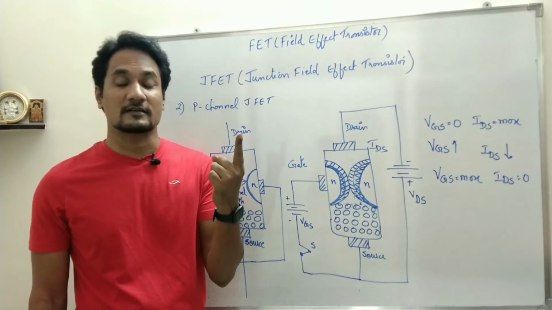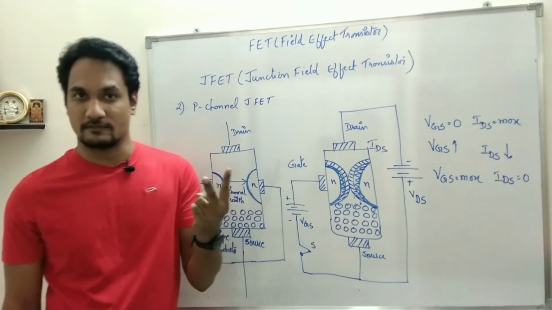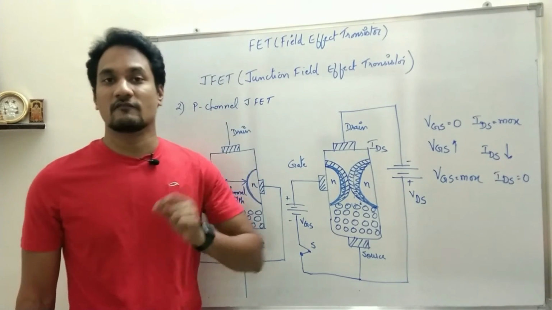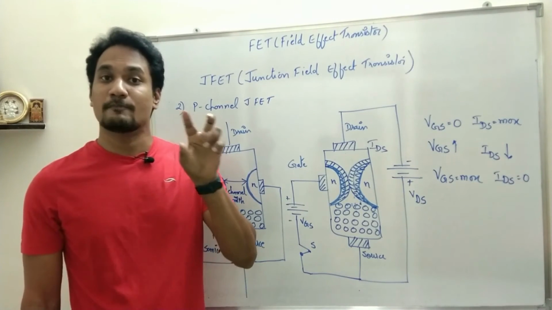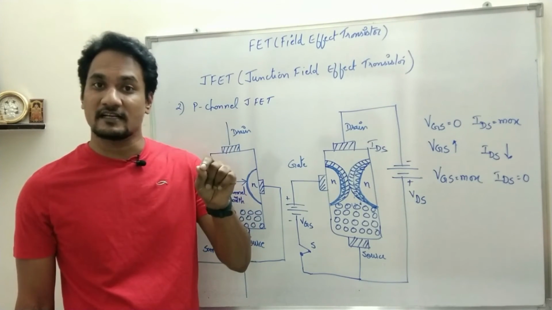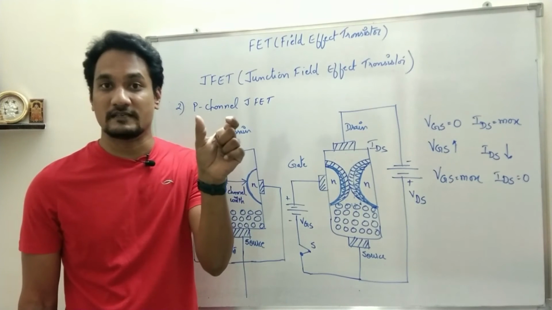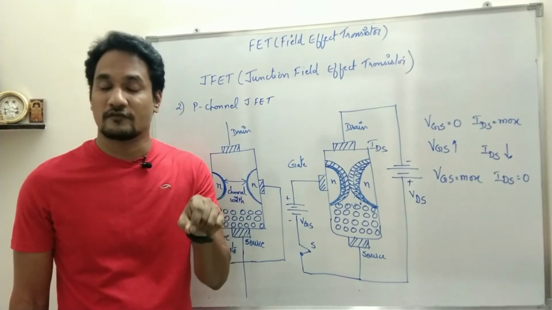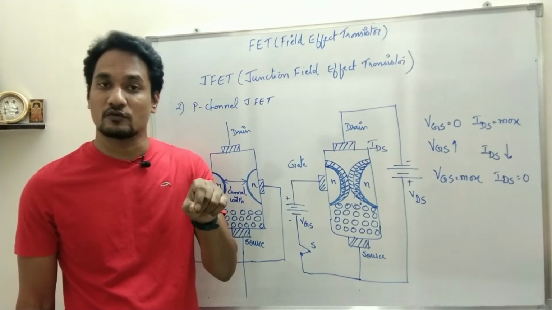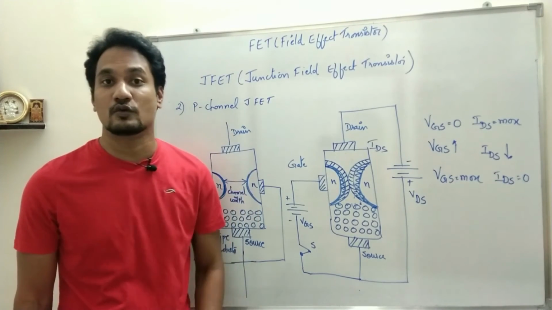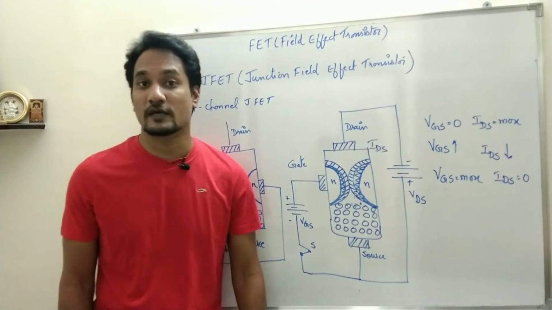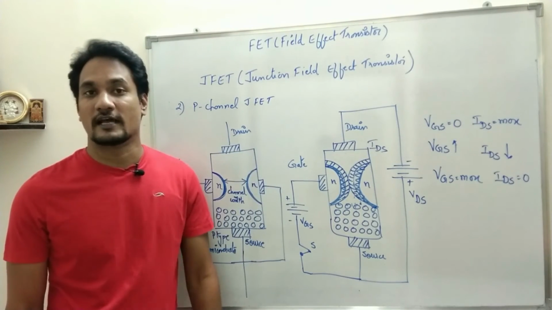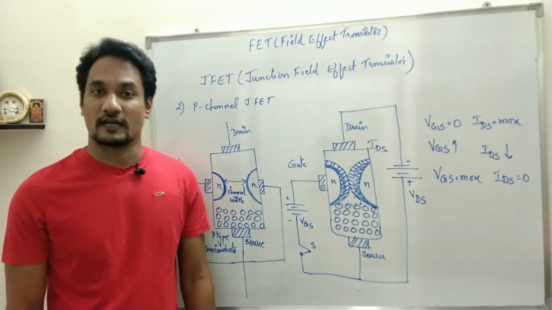If you have to construct P channel JFET, you take P type semiconductor. The two terminals will be named source and drain. Then we have to form a PN junction. If it is N channel, you dope trivalent impurity to get P region. If you want to design a P channel, you dope pentavalent impurity to get N region. These two PN junctions are internally connected together, and one more terminal is taken out, called the gate.